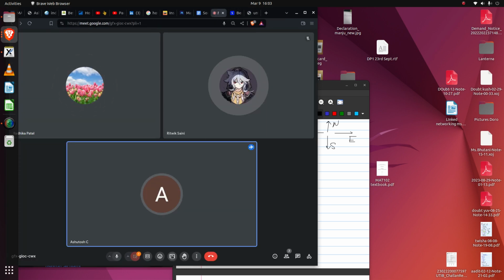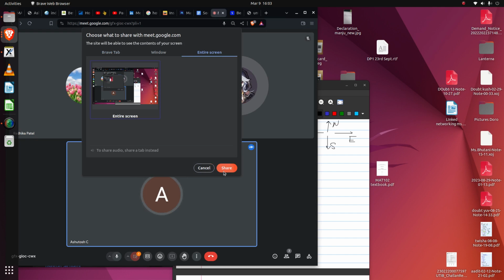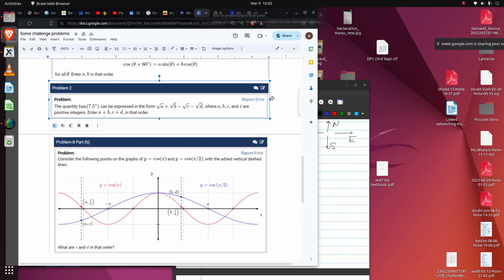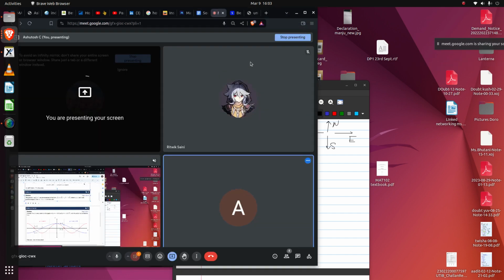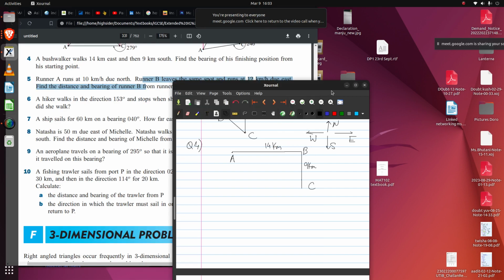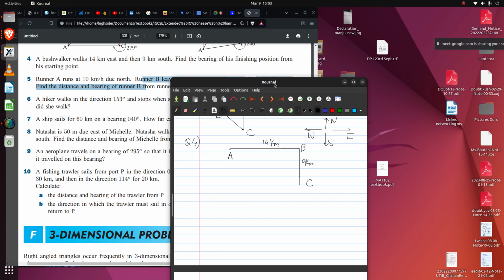Okay, 1 second. I'll share my screen again. So this is your diagram. We have moved 9 kilometers downwards. Now I can complete my triangle. Let's complete the triangle.